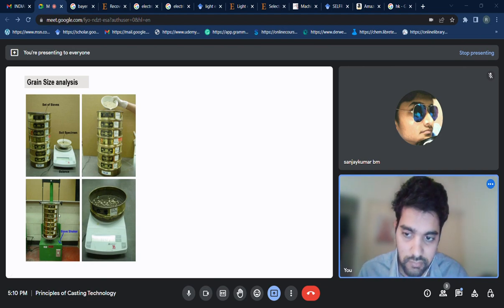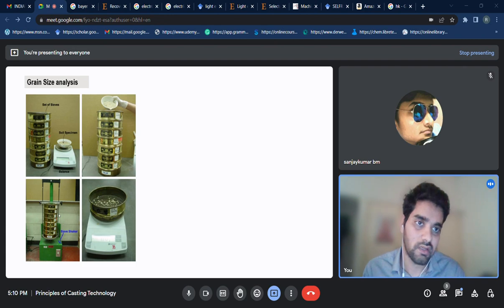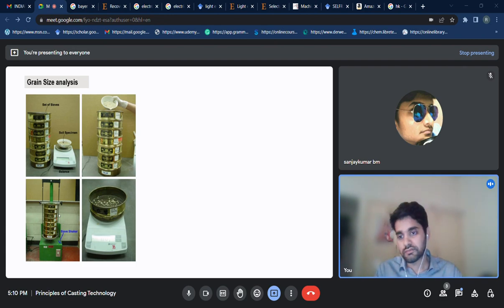After putting all the sieves in this manner, I will put my sample in and use a sieve shaker. Why do we use a sieve shaker? We can do it manually, but doing it manually sometimes introduces bias.